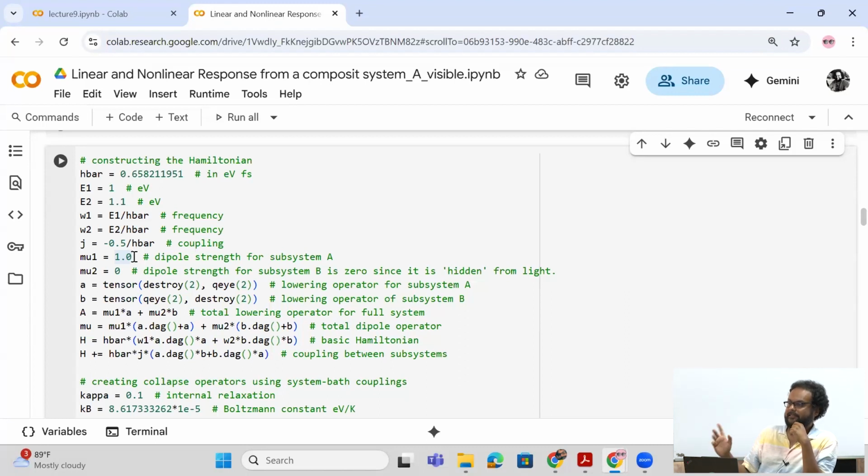And that we have shown in one of the very early classes. That is driven by my dipole moment operator, whose amplitude is my dipole strength, which is related to polarizability. Let's say my mu is 0. If the mu is 0, I cannot use light to create that projection. I cannot create a coherent superposition of these two states or generate a coherence between these two states using light.